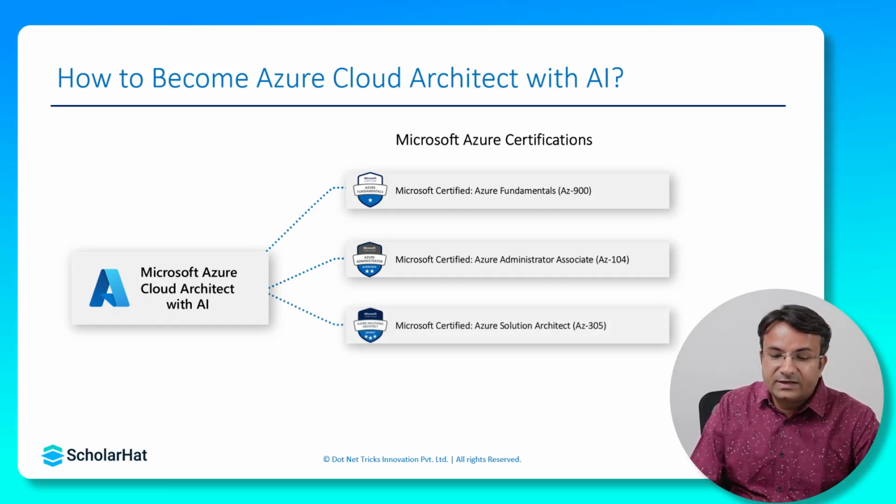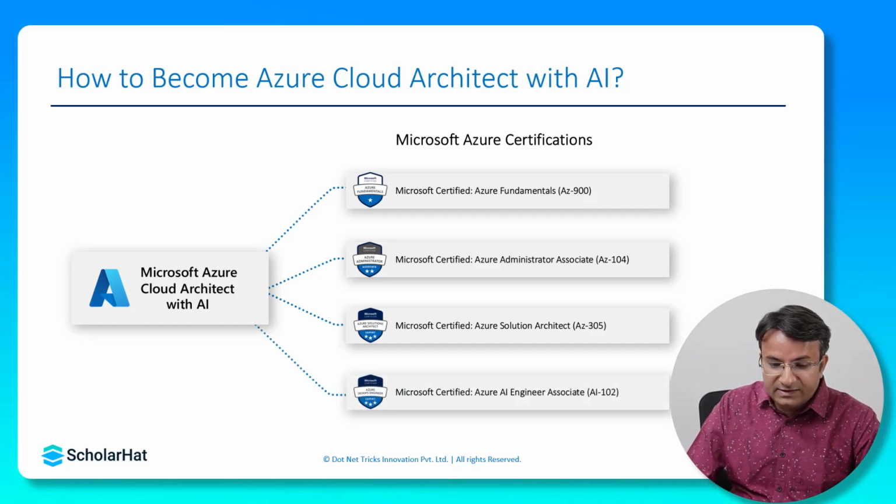Then we have the Microsoft Certified Azure Solution Architect, with exam code AZ-305, which will help you in decision making, designing the system and taking another approach. And when it comes to AI, we have the Microsoft Certified Azure AI Engineer Associate, with exam code AI-102, where you should know OpenAI, Azure AI, and NLP.